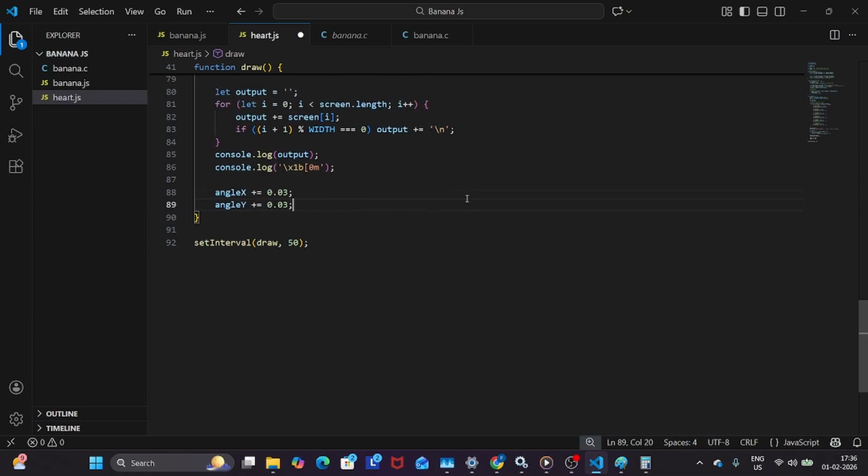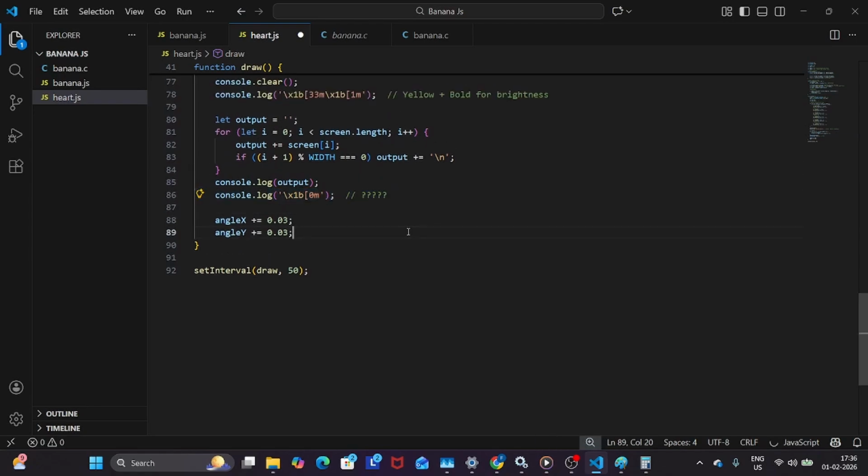And also I don't know the real meaning of this, reset formatting, but I don't know why we are using this. I have just copied this because it was written in the GitHub readme that you should use this for resetting the formatting and avoiding color bleeding.